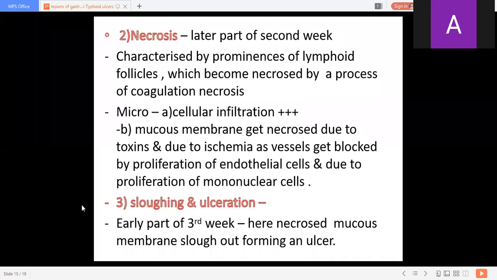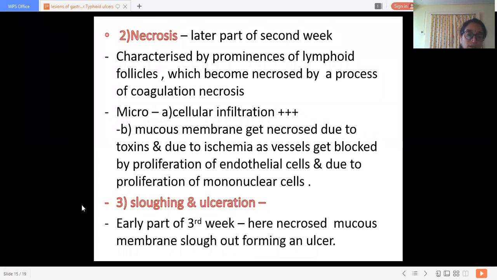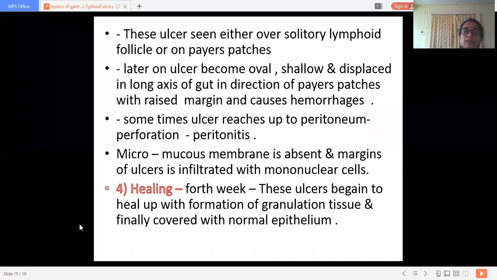Necrosed tissues get thrown out by sloughing, by detaching in that particular area, and there is ulcer formation. It happens in the early part of the third week. Here the necrosed mucous membrane sloughs out, forming ulcers. These ulcers are seen either over a solitary lymphoid follicle or on the Peyer's patches.